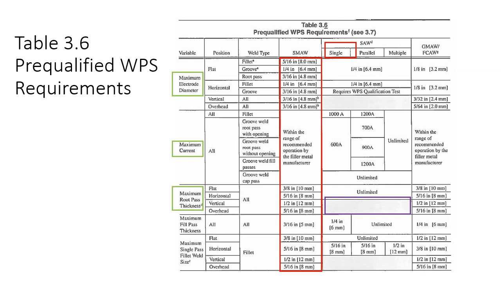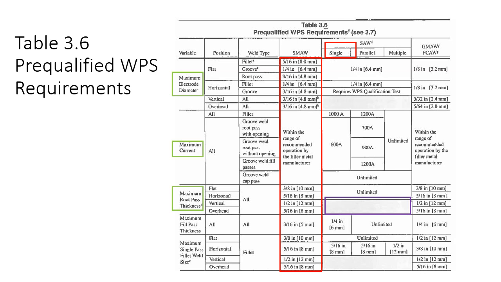So you can see there, for a fillet weld in the flat position, you can use a 5/16 inch piece of shielded metal arc welding filler material as the max. In a groove, you can use 1/4 inch, which is pretty big too. 5/16 is a pretty good sized piece of filler metal.